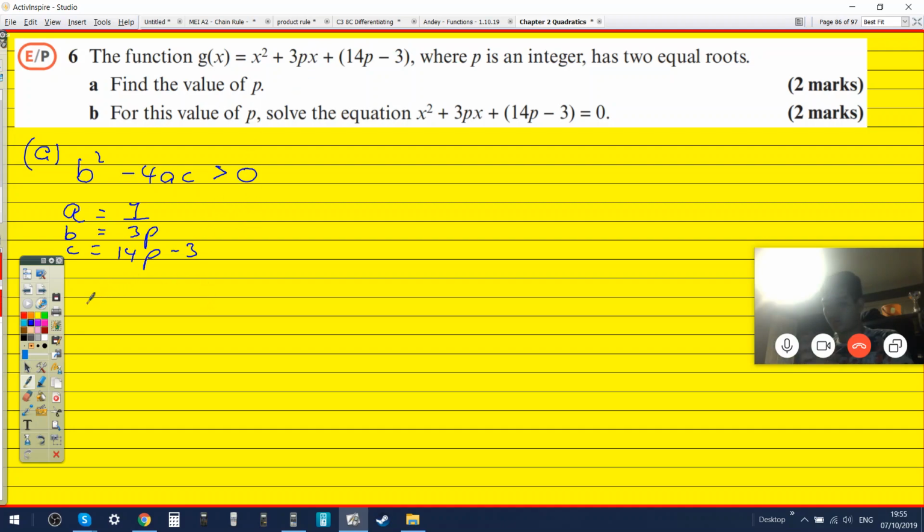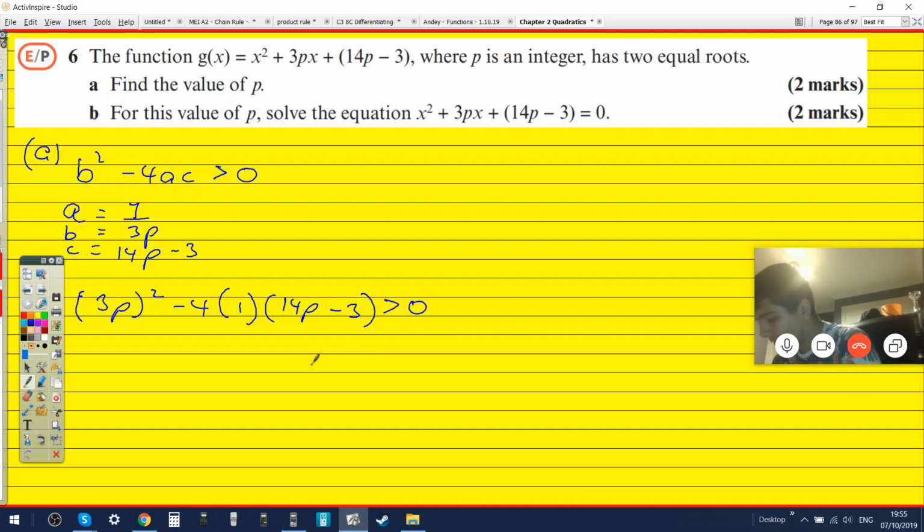Okay, go for it. So then I need to do 3p squared minus 4 brackets 1 brackets 14p minus 3, and then that'll come out as 3p squared, just the same as 9p squared, 3p times 3p.